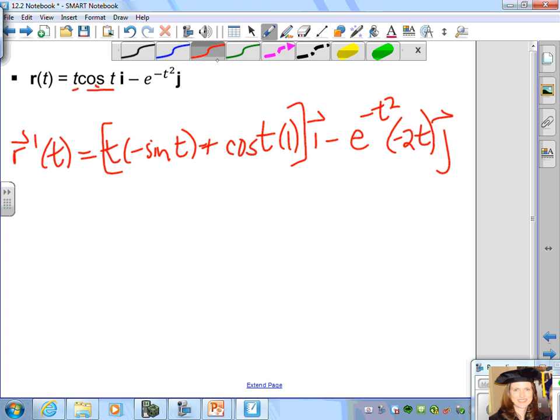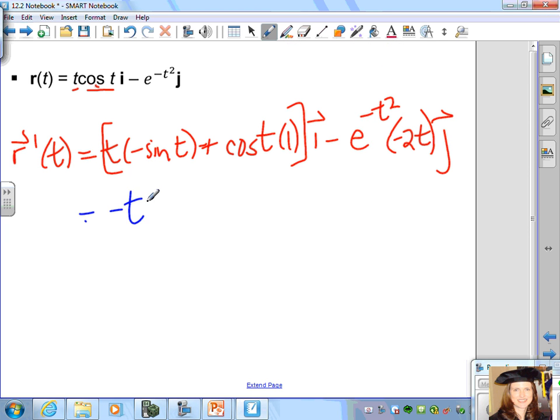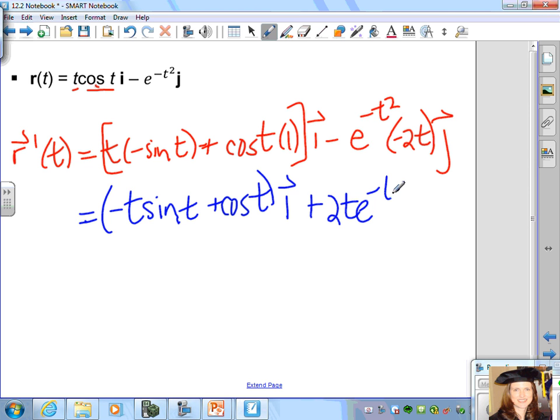Let's simplify that to get negative t sine t plus cosine t, all of that is your i, plus 2t e to the negative t squared j. So that's going to be our r prime of t vector-valued function.